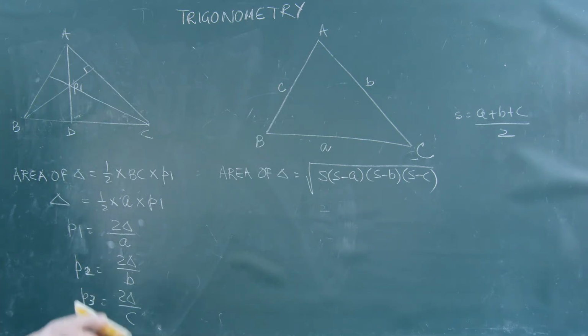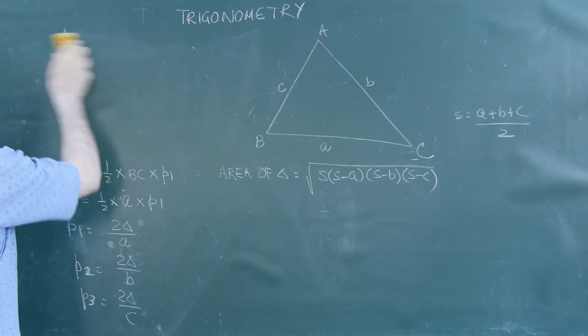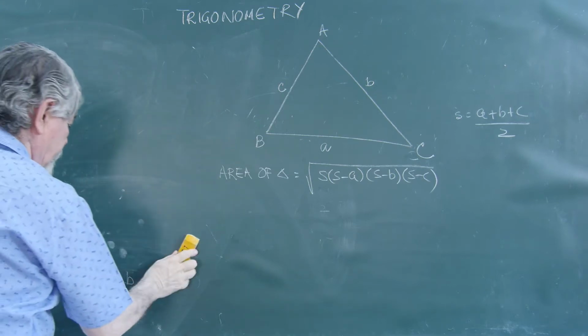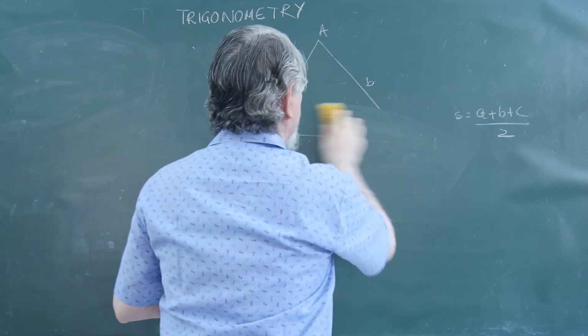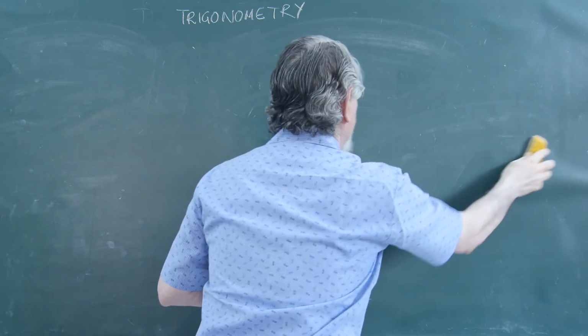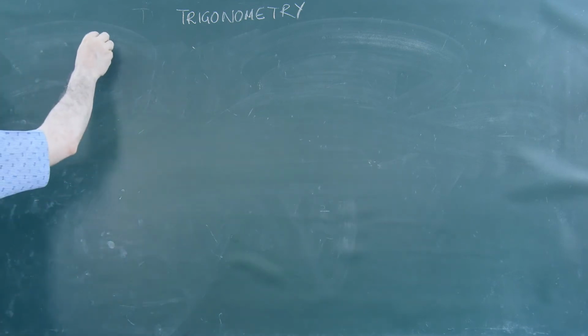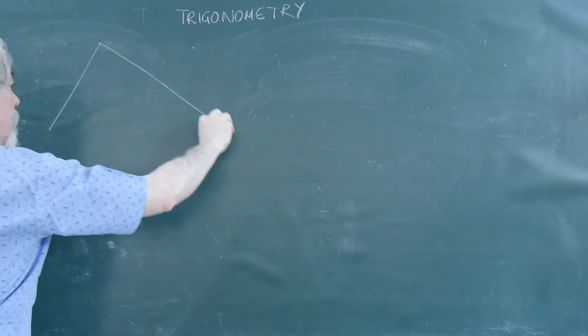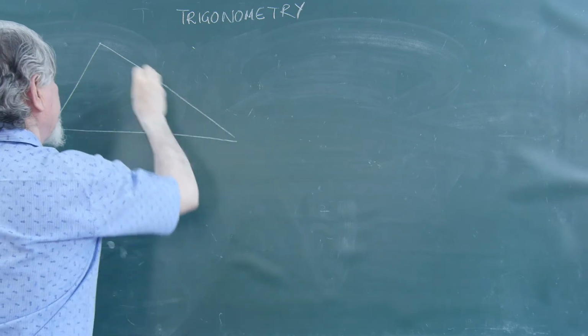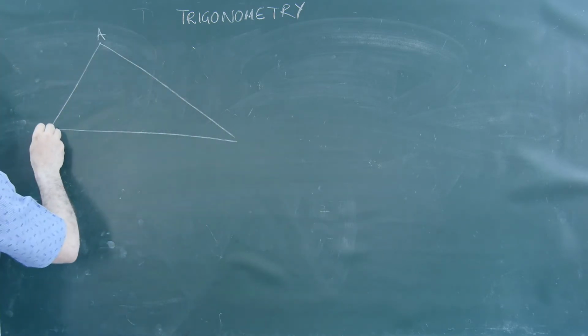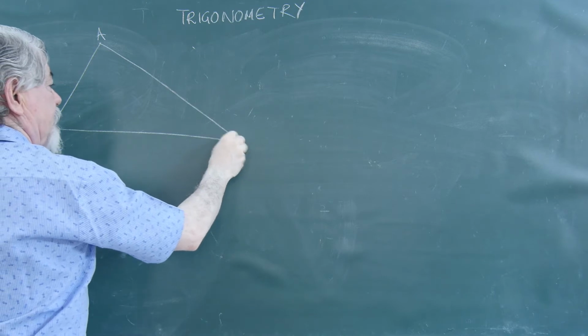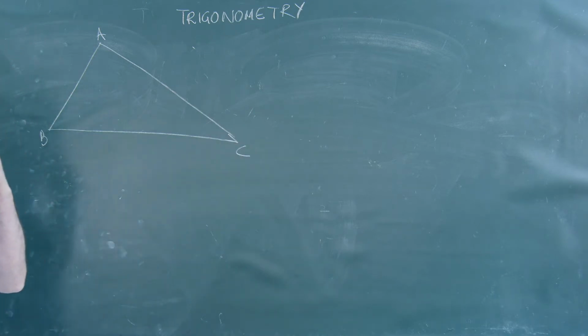Next very important definition is about the median, which we have discussed earlier also, but we are going to discuss again to your benefit. I'm taking a different shape, ABC is any triangle.